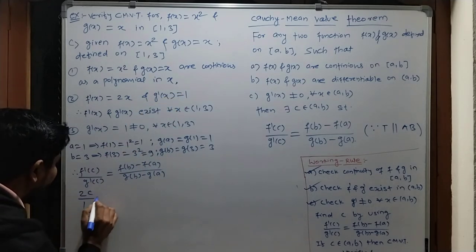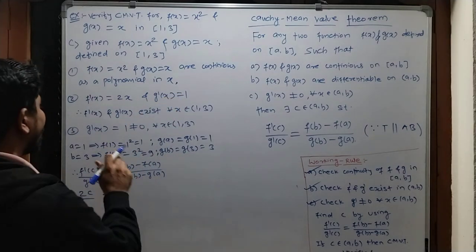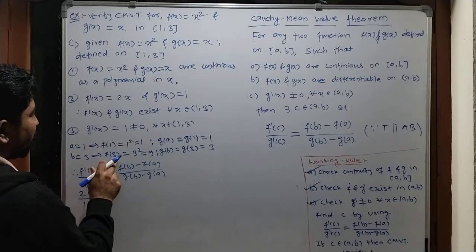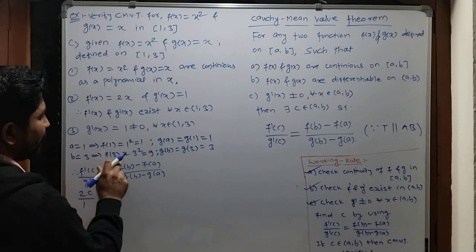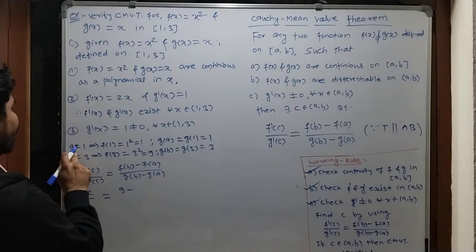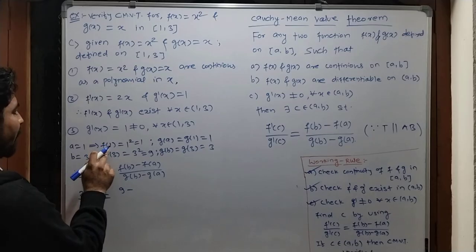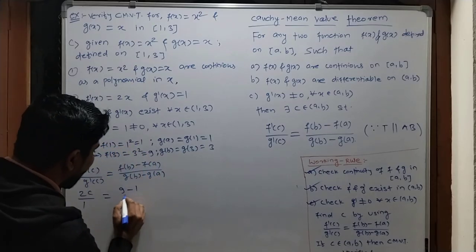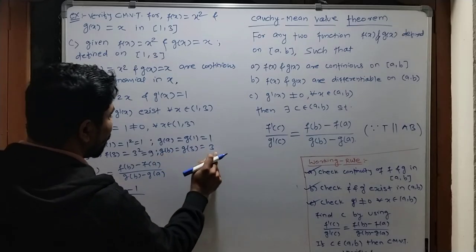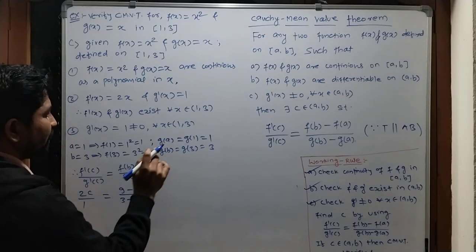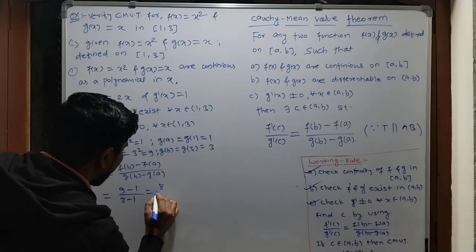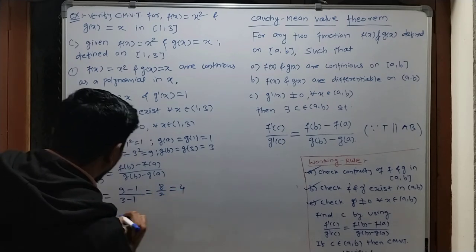This is equal to f(b) equal to f(3) equal to 3 square, which is 9, minus f(a) equal to f(1) equal to 1, divided by g(b) equal to g(3) equal to 3 minus g(a) equal to g(1) equal to 1, which is equal to 8 by 2, which is equal to 4.